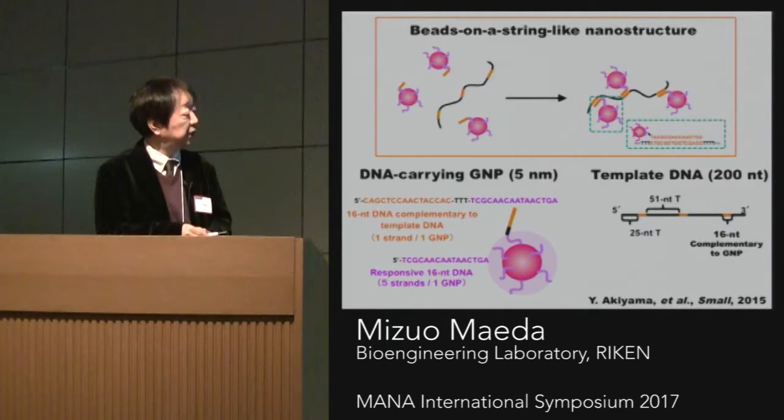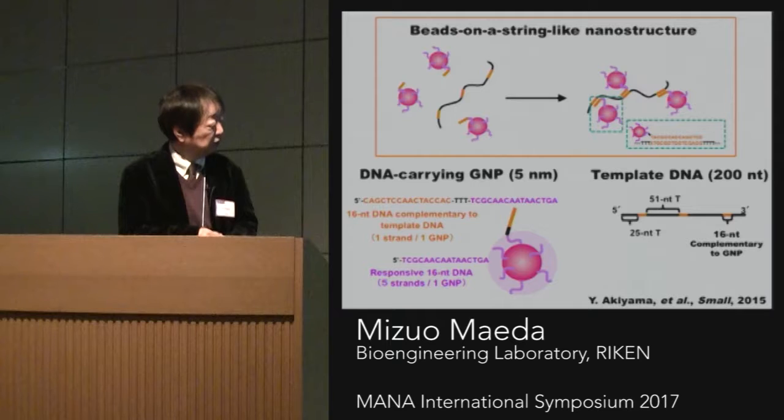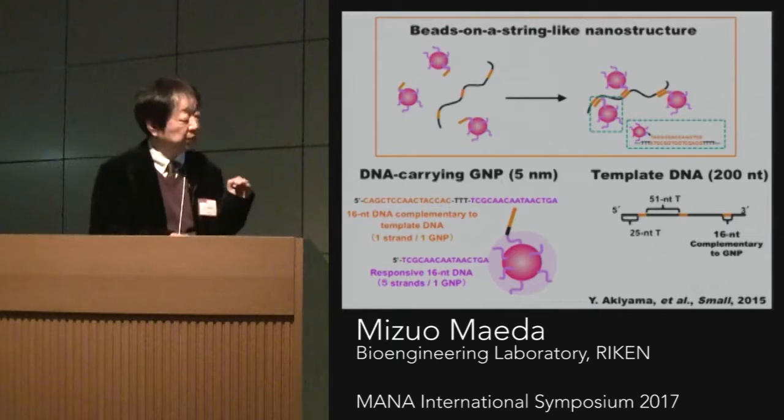Such template binding DNA is only 1 on 1 nanoparticle, and the other 5 DNAs have this type of sequence, which is used for responsive DNA. I mean, these 5 DNAs are full matched or mismatched.